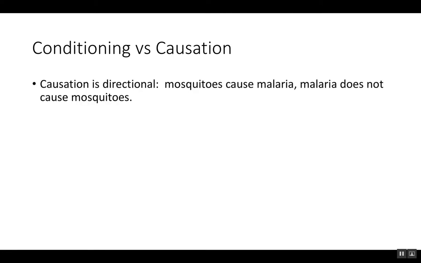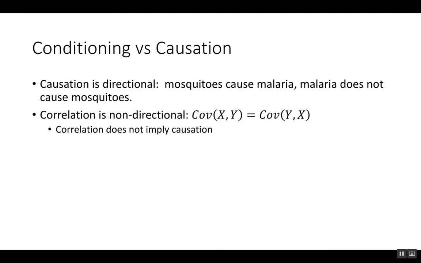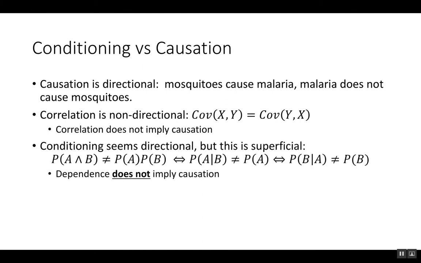So let's think about conditioning. Maybe with independence and dependence, we can do that. Causation is directional. Mosquitoes cause malaria, but malaria does not cause mosquitoes. But correlation is non-directional. And conditioning seems directional, but this is superficial.